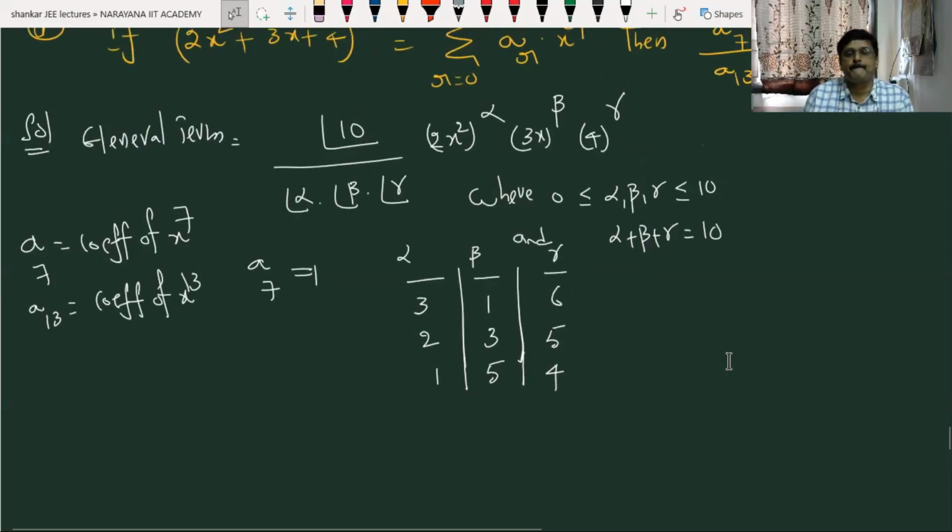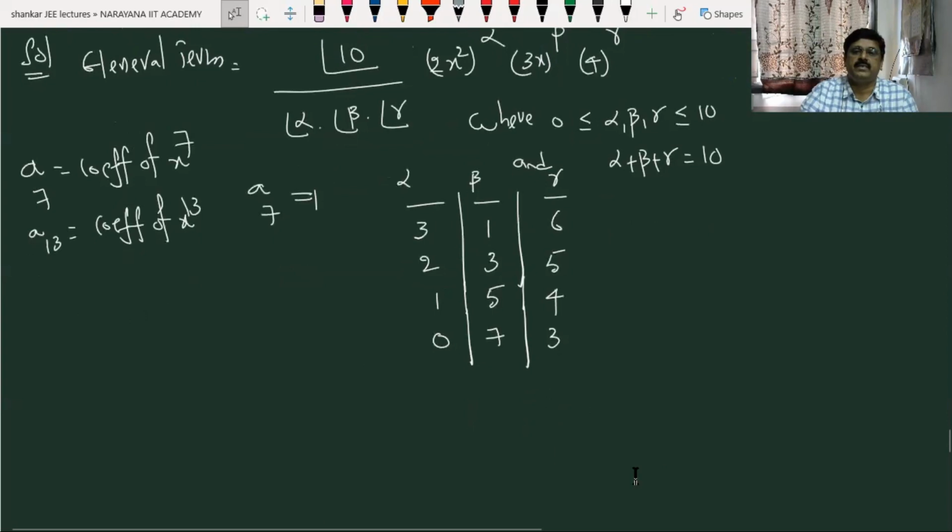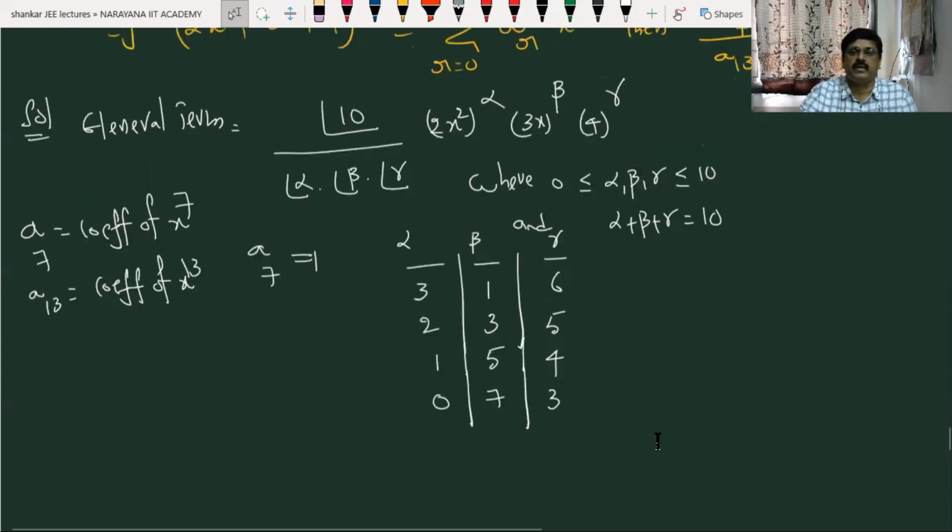Any other way? Yes. If you take beta as 7 and gamma as 3, alpha 0. Don't entertain any number here other than 0 here. Why? Because already beta 7 means x power 7 came. I think these ways are favorable here.